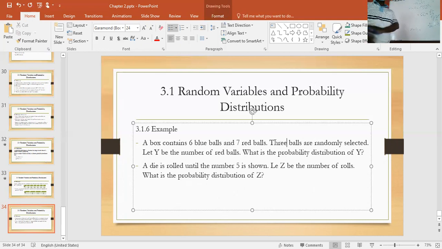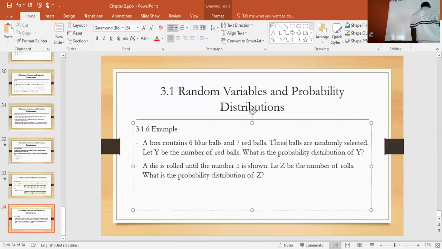How many balls are red? 7. So we want to choose 2 blue and 1 red. So 2 blue will be 6 combination 2 times 7, divided by 13 combination 3.